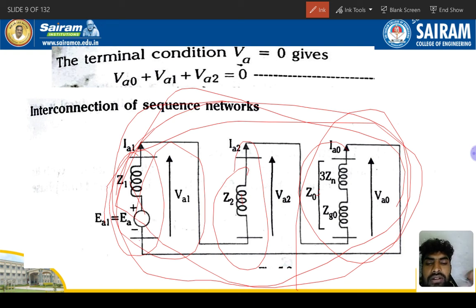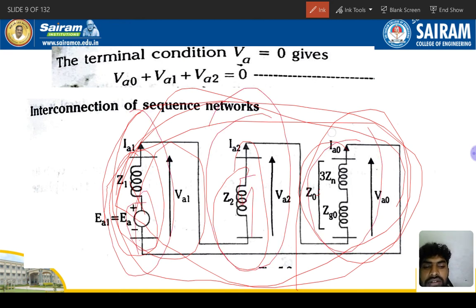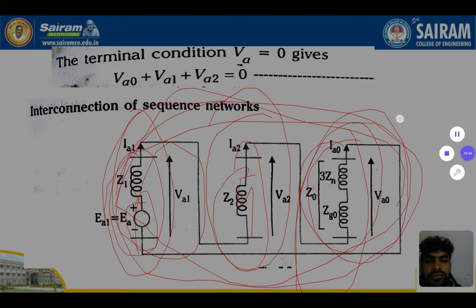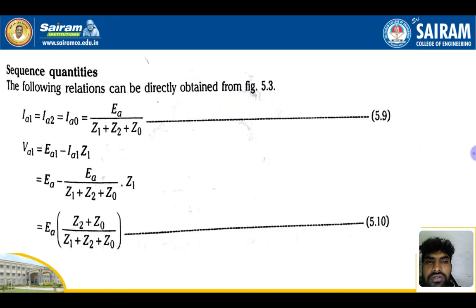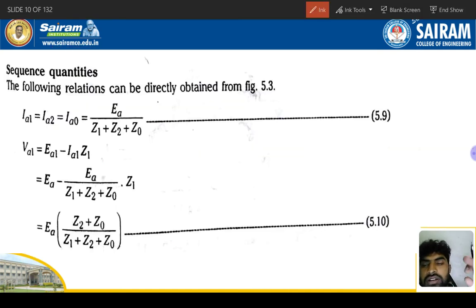After that, for the positive sequence a voltage must be there, the negative sequence has only reactance, and the zero sequence has Zg0 and so on, right? Since the equations are equal, the following relation can be directly obtained: Ia1, Ia2, Ia0 is equal to Ea over Z1 plus Z2 plus Z0, just by applying KVL.